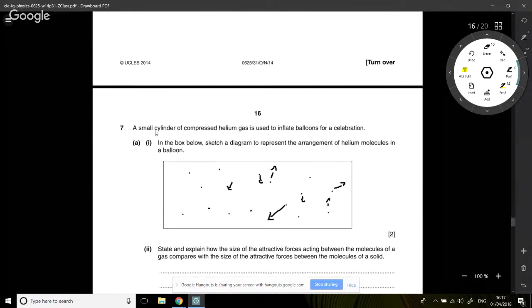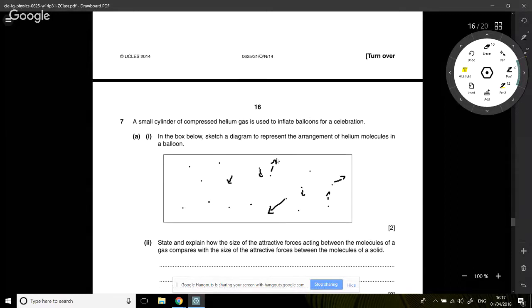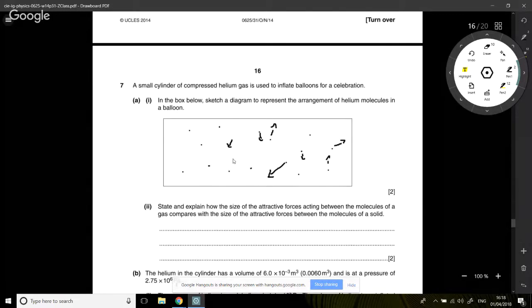All right, a small cylinder of compressed helium gas is used to inflate balloons for a celebration. In the box below, sketch the diagram to represent the arrangement of the helium molecules in the balloon. And there is no real arrangement. It's randomized.